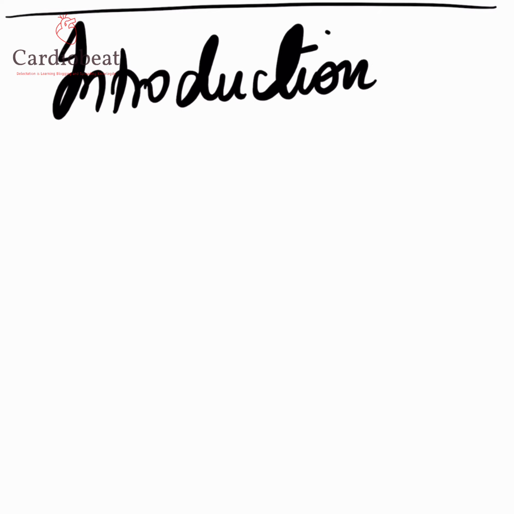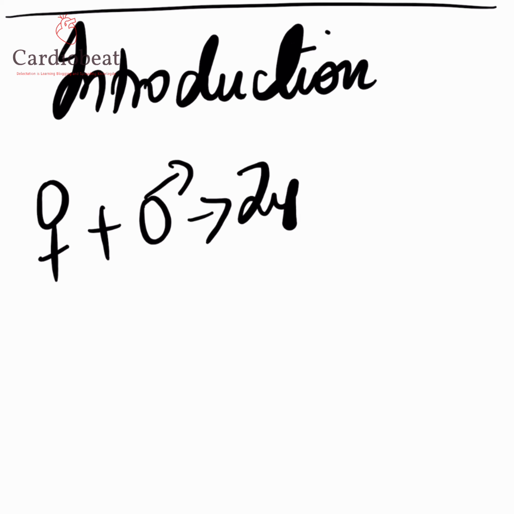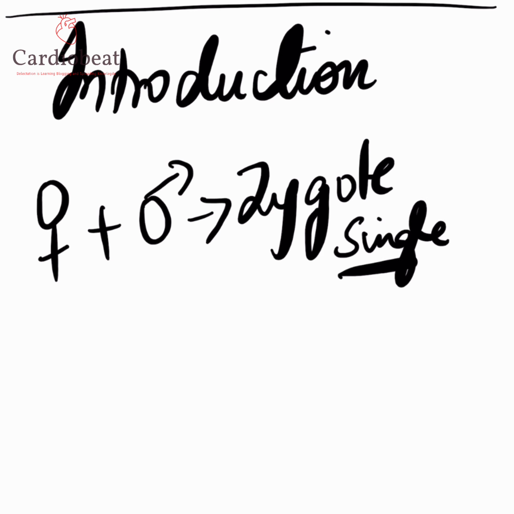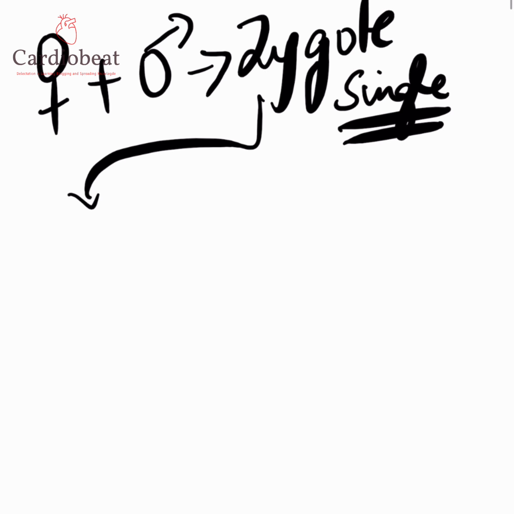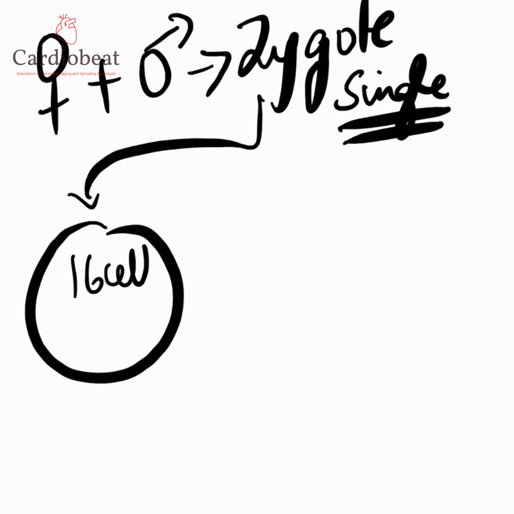A basic understanding of development of embryo is very much necessary for understanding development of heart. As we all know, the oocyte and spermatocyte combine to form the zygote, which is a single cell. This subsequently undergoes multiple divisions, forming a 16-cell stage called the morula.